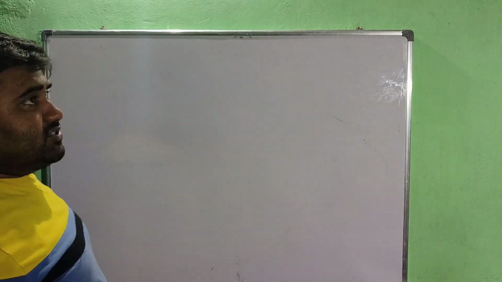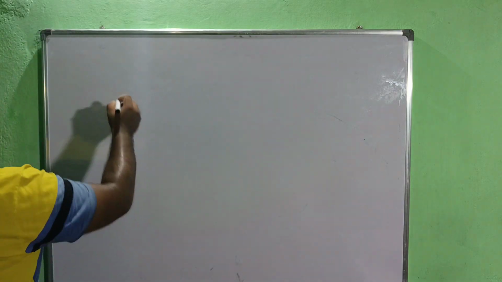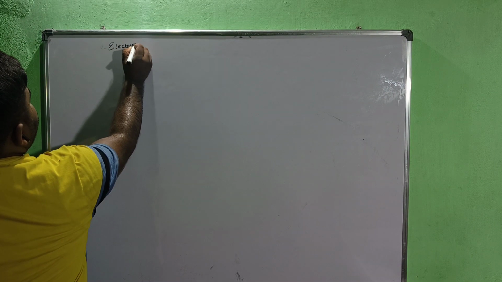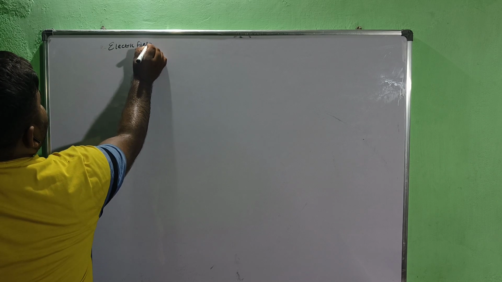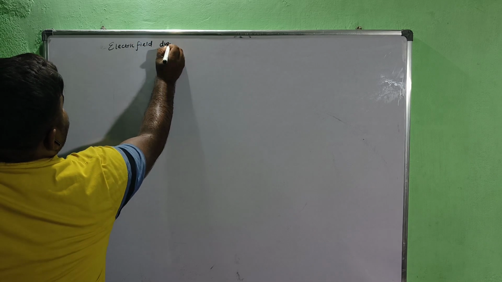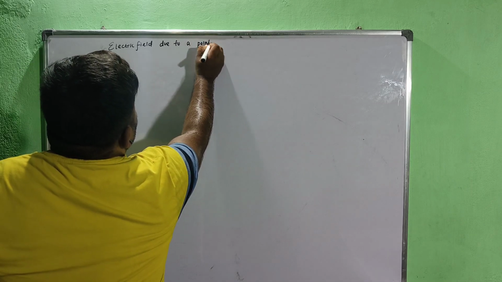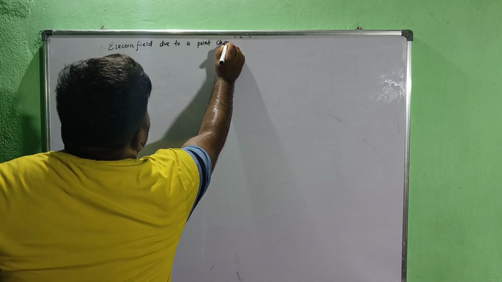Let us consider that the object we had considered is very minute, so that we can ignore its dimension, and it should act like a point charge. So electrostatic field or electric field due to a point charge.